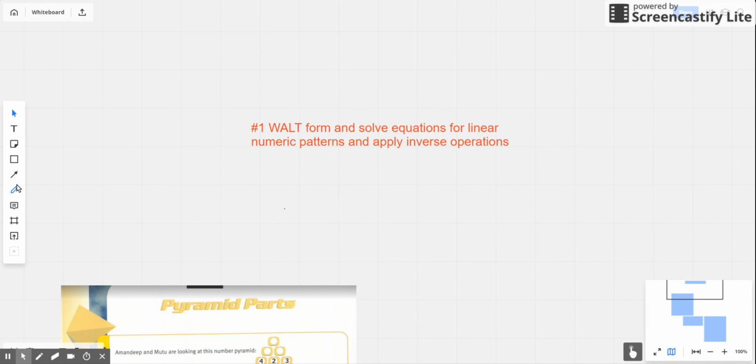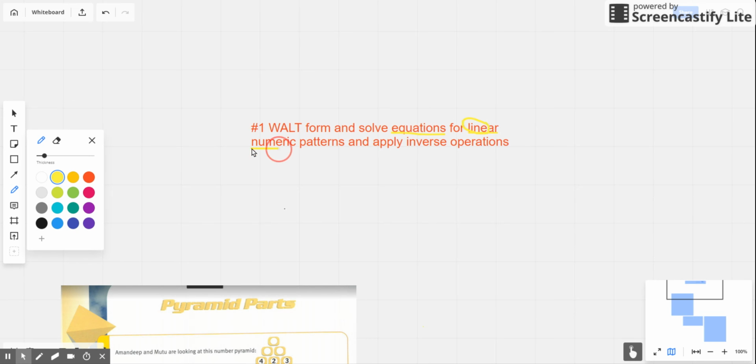Before we start, I wanted to look a little bit at some of the vocabulary that we're using. So the very first one I want us to look at is the word equations. Now equations are the problems that we need to solve, is what it is. The next one is linear, which means in a straight line. It comes from the word line, linear.